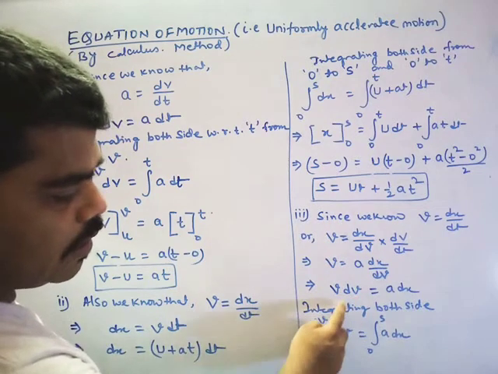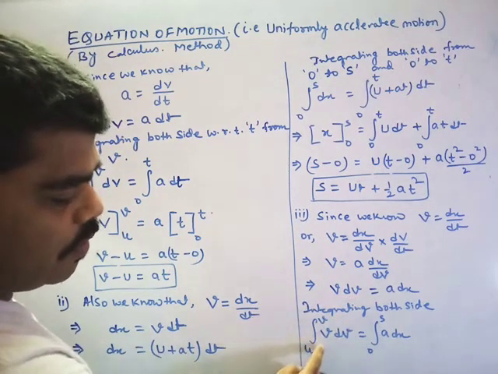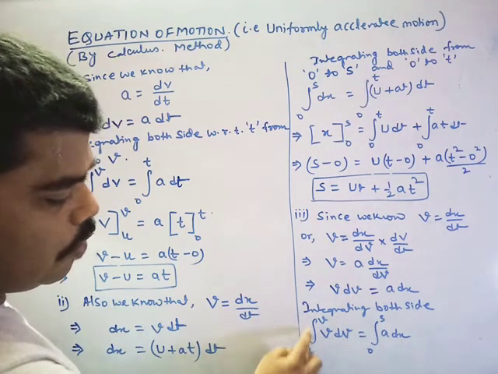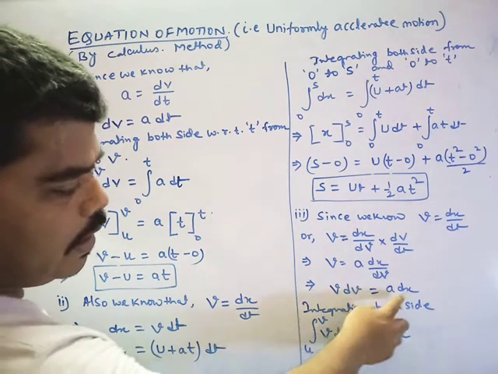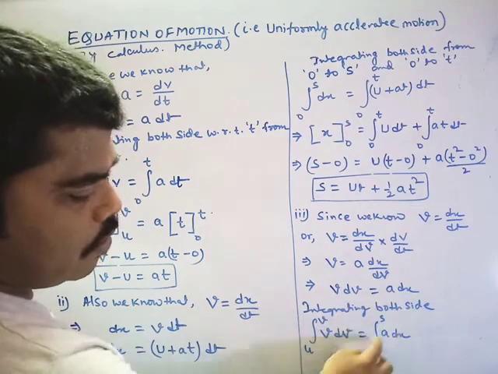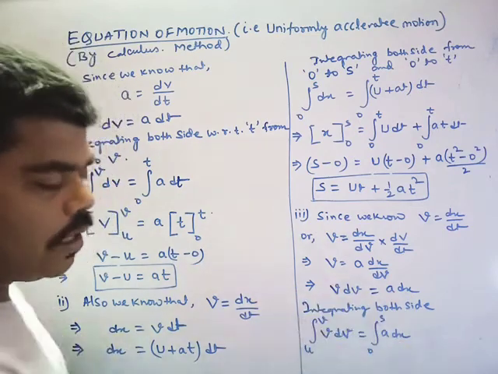Now I will integrate. Since this is dv, the velocity lower limit is u and upper is final v. Here x is position, so 0 to s, a dx. Now let me do the integration.